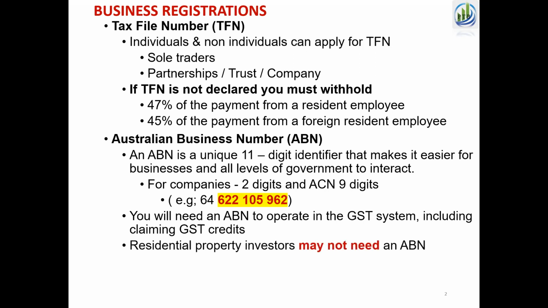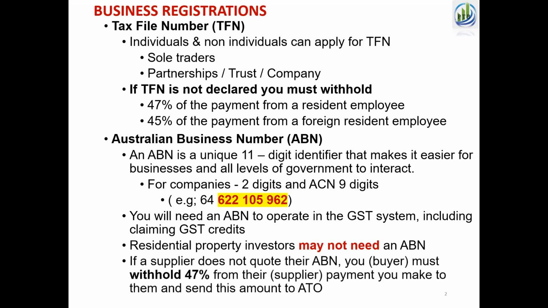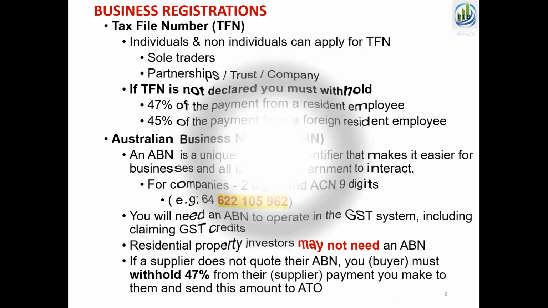As we discussed previously, residential property owners are not entitled to an ABN. If you have not quoted the ABN, 47% of that payment will be withheld, but I will cover that under the PAYG section.